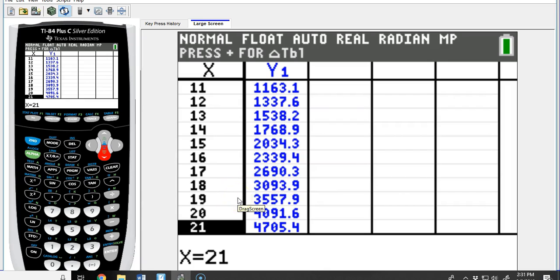So the question asked to find out how many hours it's going to take to get to 3,000. Well, at 17 hours, it was not quite 3,000. By the 18th hour, it had passed 3,000. So it says, show some entries from your table. I don't need to start from 0 because it wasn't anywhere close to 3,000. Some of these entries around 15, 16, 17, 18, 19, something like that.